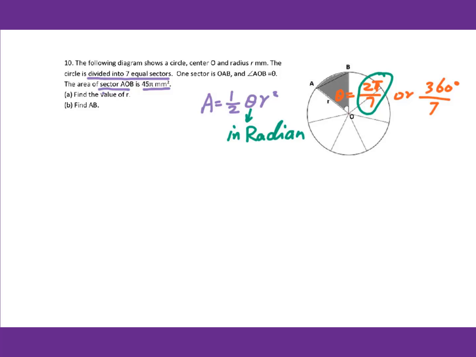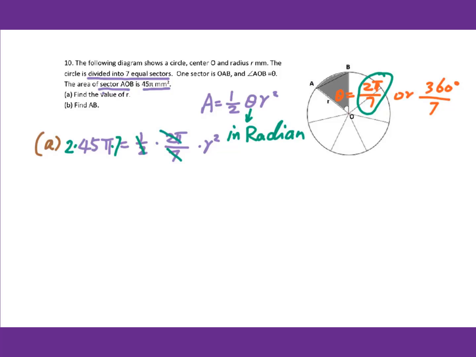So we plug in, we got 45 pi equals 1/2 theta, that's 2 pi over 7 times r squared. We're looking for this r. This is the power pattern. Therefore, we need to isolate this r squared. To get rid of 1/2, we need to multiply by 2. To get rid of this 7, multiply by 7.